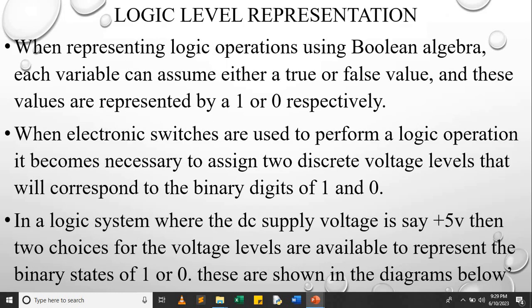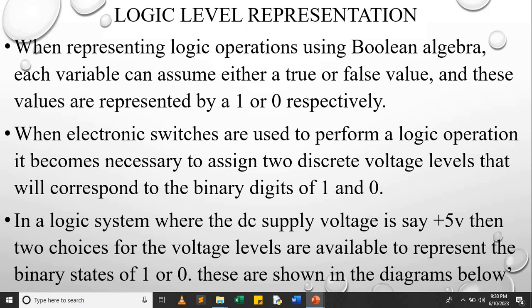When representing logic operations using Boolean algebra, each value can assume either a true or a false value, and these values are represented by 1 or 0 respectively.